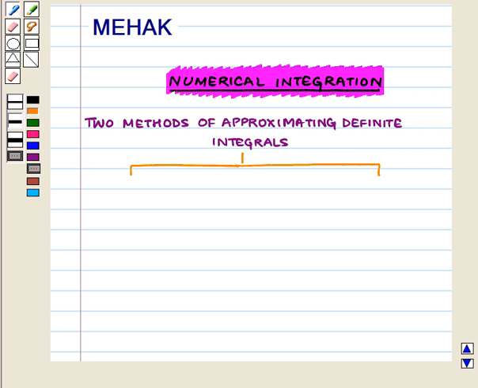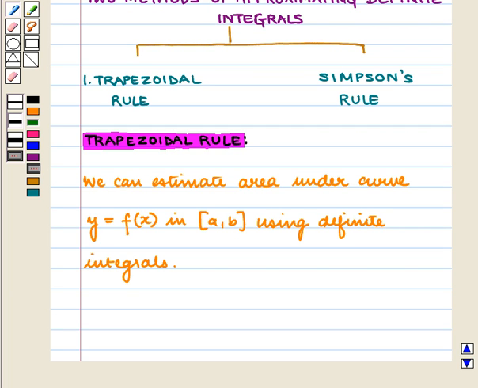We will discuss two methods of approximating definite integrals, that are the trapezoidal rule and Simpson's rule. Let us start with the trapezoidal rule.